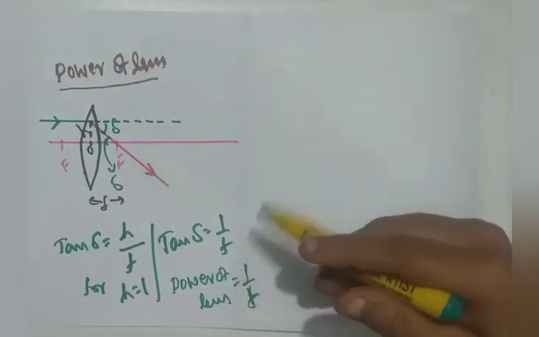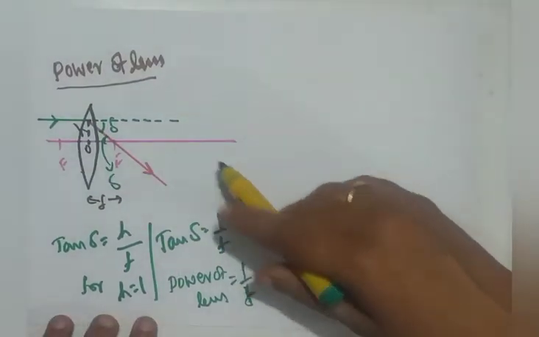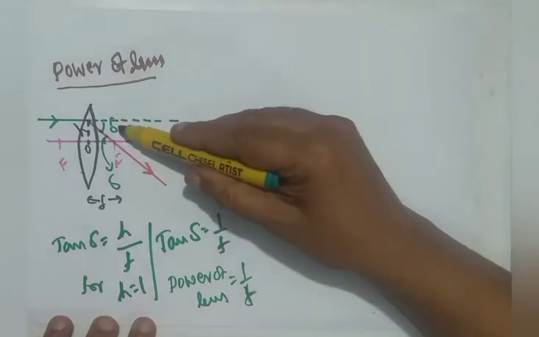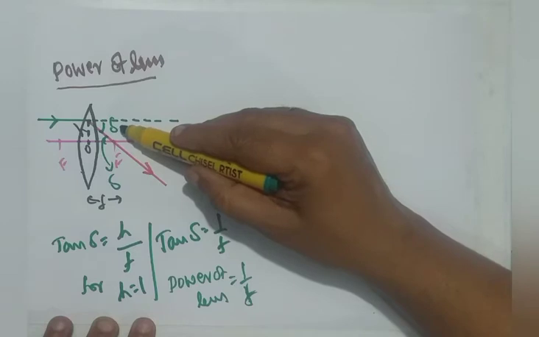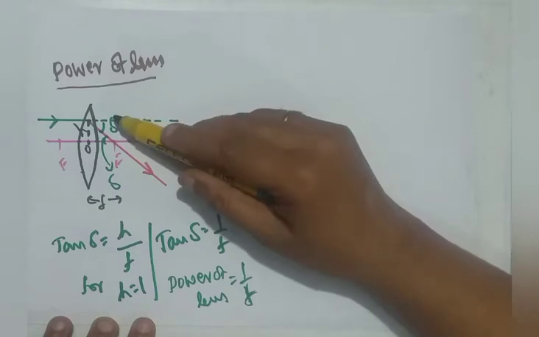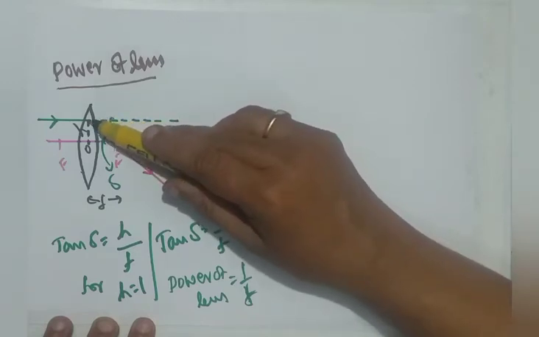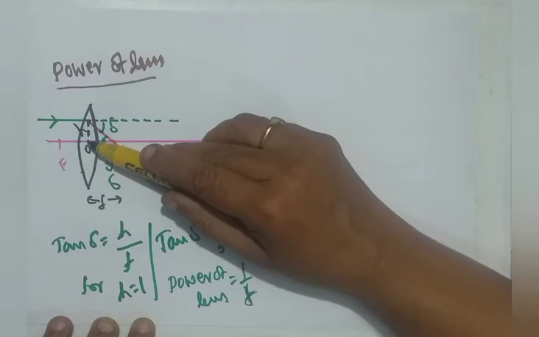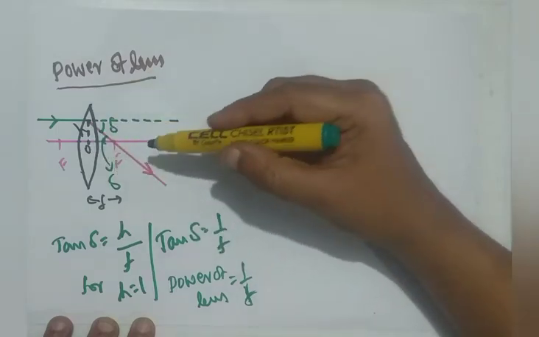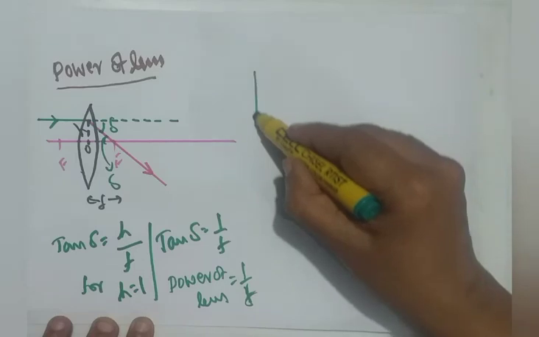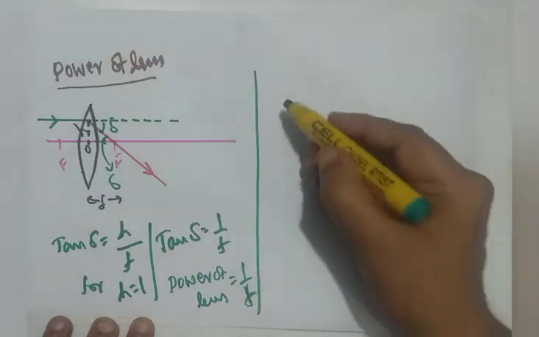Let me repeat it. Power of lens is the tangent of the angle by which the light ray diverges or converges when it falls at a unit height from the optic center. That is the definition of power of lens.